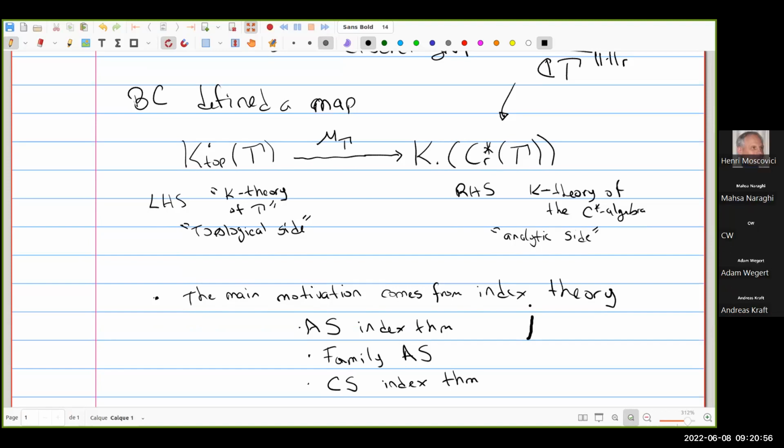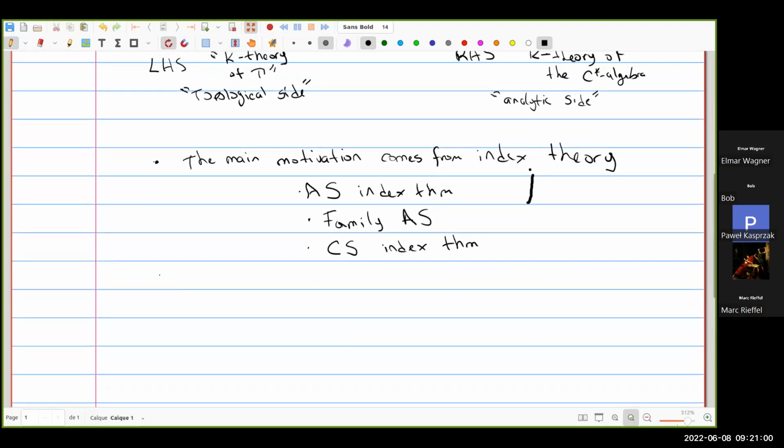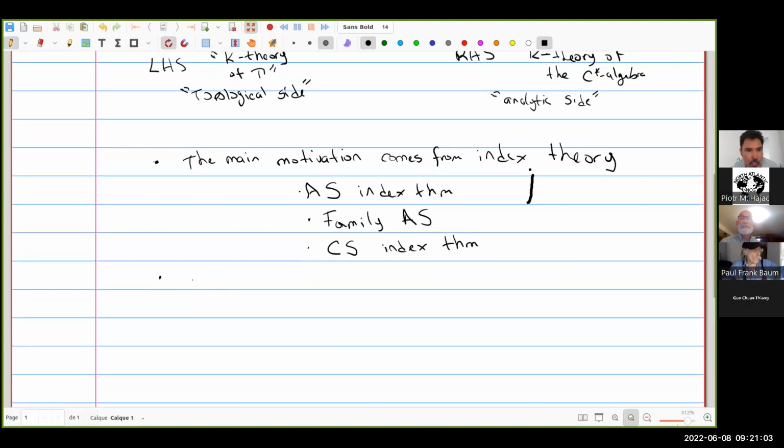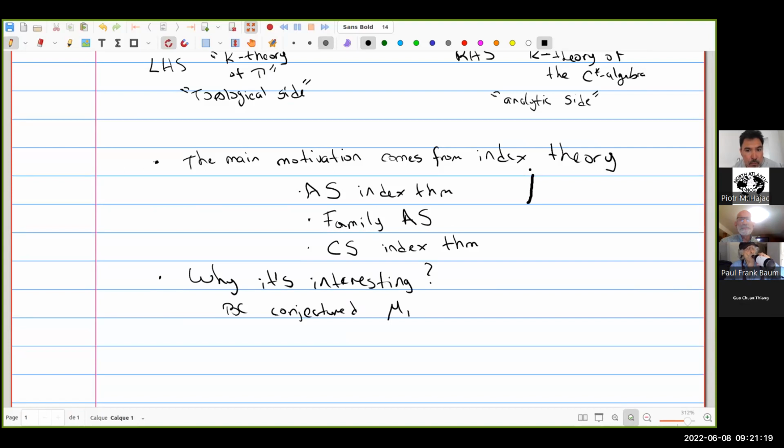But before talking about the definitions, let me say why this map is interesting, why it's interesting to study this assembly map. Well, the Baum-Connes conjecture says that this is an isomorphism, and the conjecture is, as far as I know, still open; maybe I missed something this month, but I don't think so.